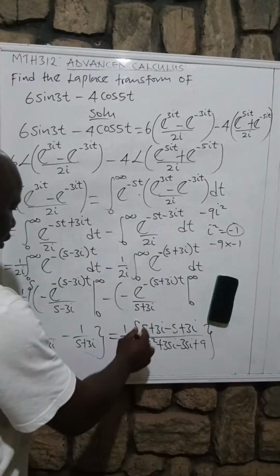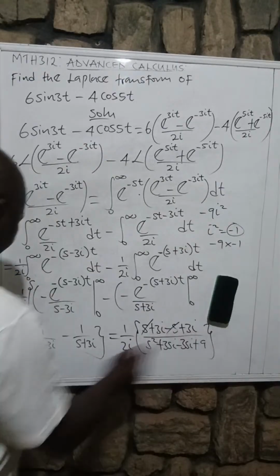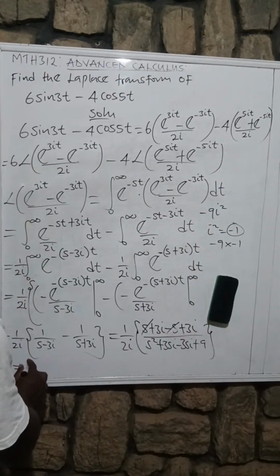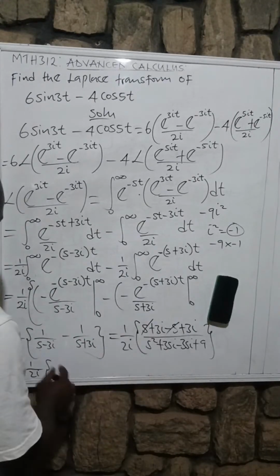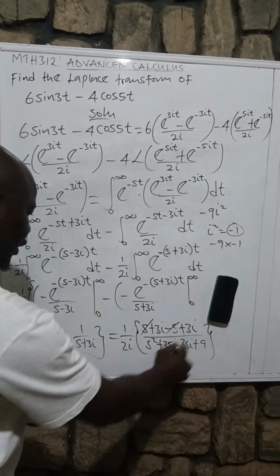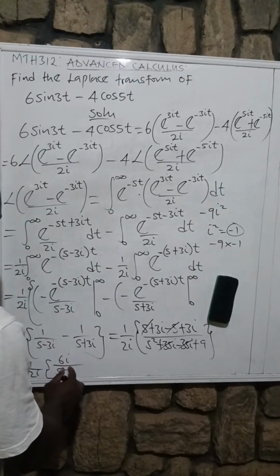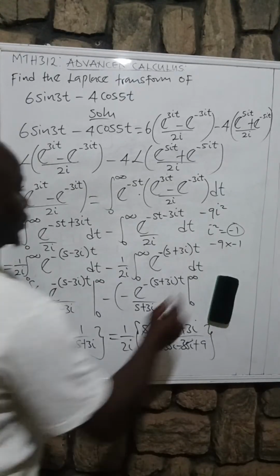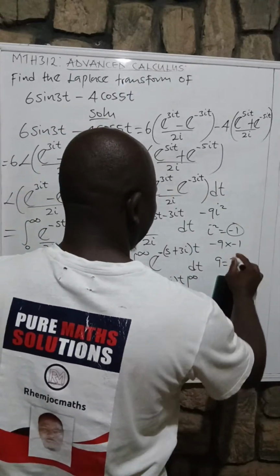So here you don't need the prophet to tell you this and this will go. By the time you add this, this is equal to 1 all over 2i, open brackets. Here will be 6i all over s squared plus 9, and 9 is the same thing as 3 raised to the power 2.